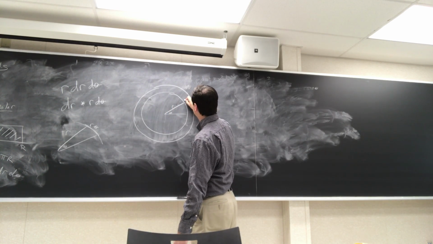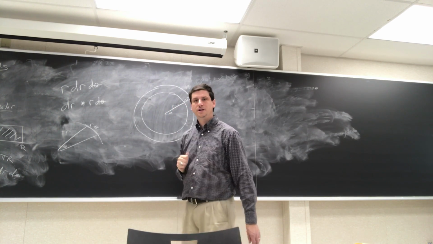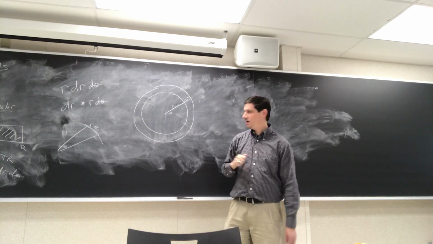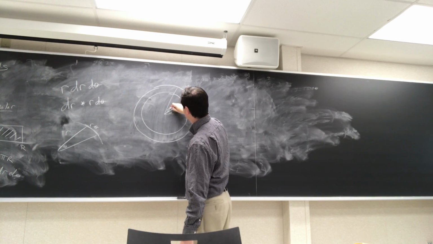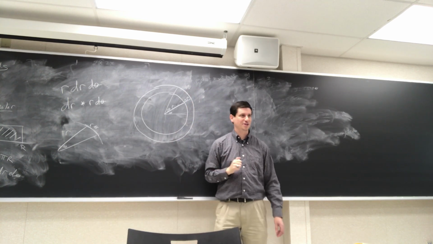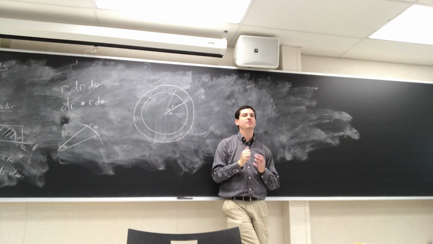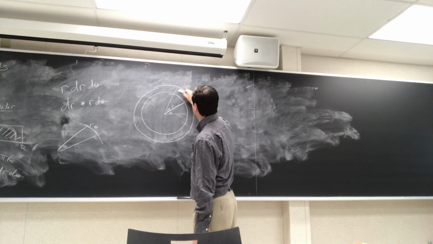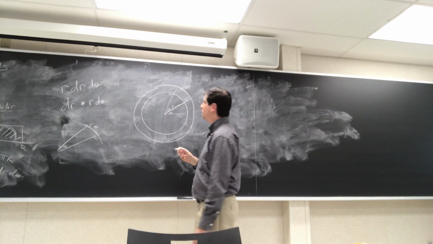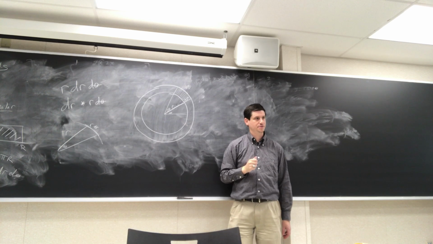I'm going to increase my radius by a little bit, by delta r. And I'm going to increase my angle a little bit by delta theta. I'm not going to draw this to scale. Delta r and delta theta are supposed to be very small, tending to 0. And I want to find out what is the area of that patch.